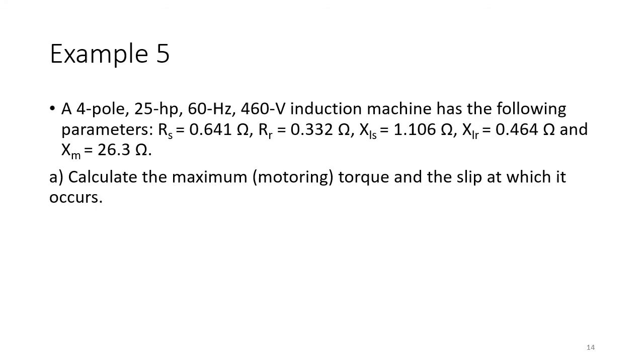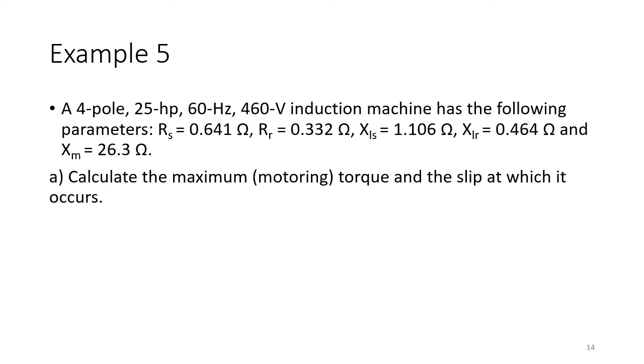Okay. So the final example of this part, and we are done with the induction machines. A 4-pole 25 horsepower 60 Hz 460 volt induction machine has the following parameters. Calculate the maximum motoring torque and the slip at which it occurs.